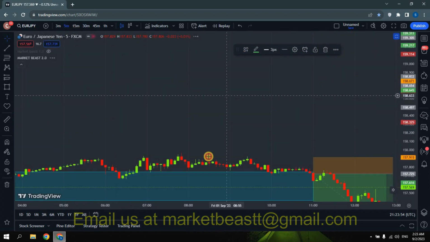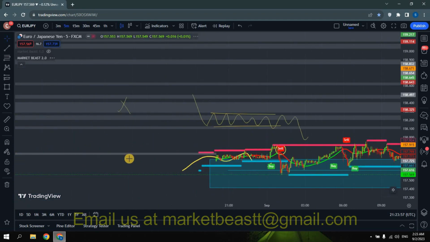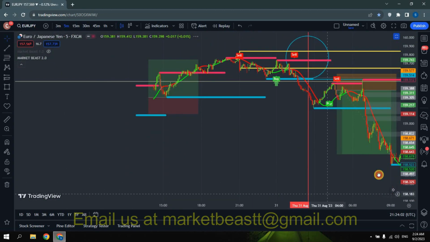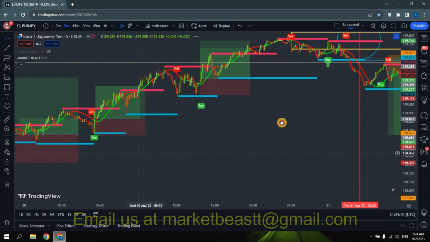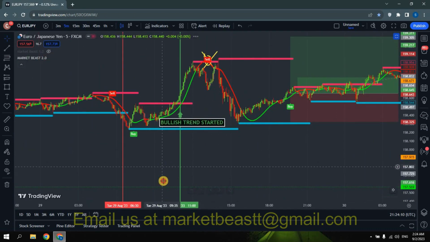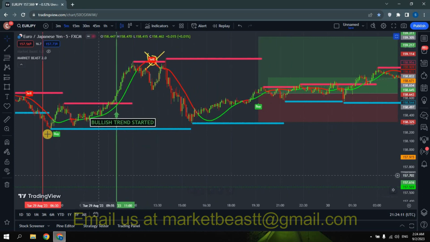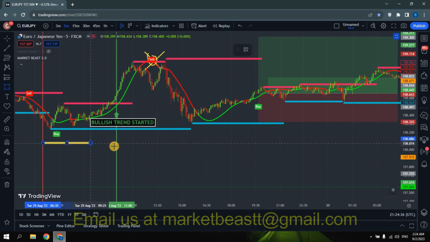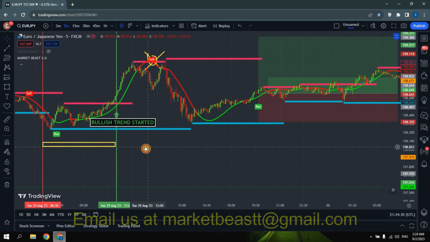Let's go to 5 minutes. There is so much on charts. From here to here we were bearish, the trend was bearish, but we didn't get any sell signal in this zone, so this is clearly a manipulation or ignored zone. I hope you are getting my point.